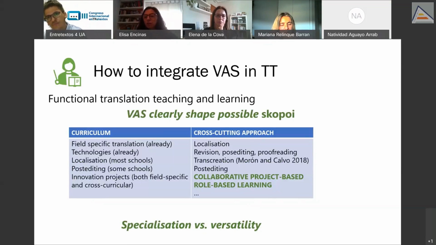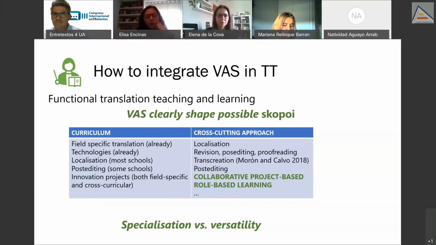Field-specific translation. For example, in Spain, we know most schools already have legal translation. Most schools also have localization or scientific translation, field-specific translation, use of technologies, and the introduction of some more specific value-added services, for example, post-editing. Some schools are already working with post-editing.